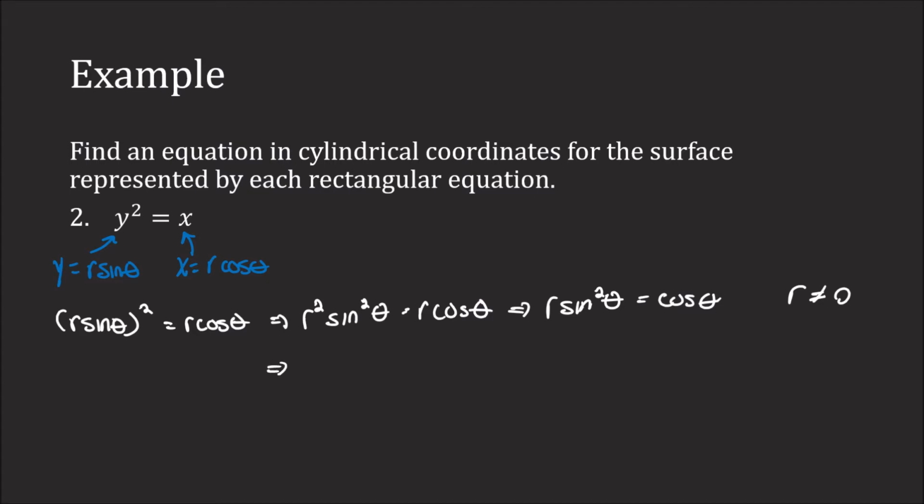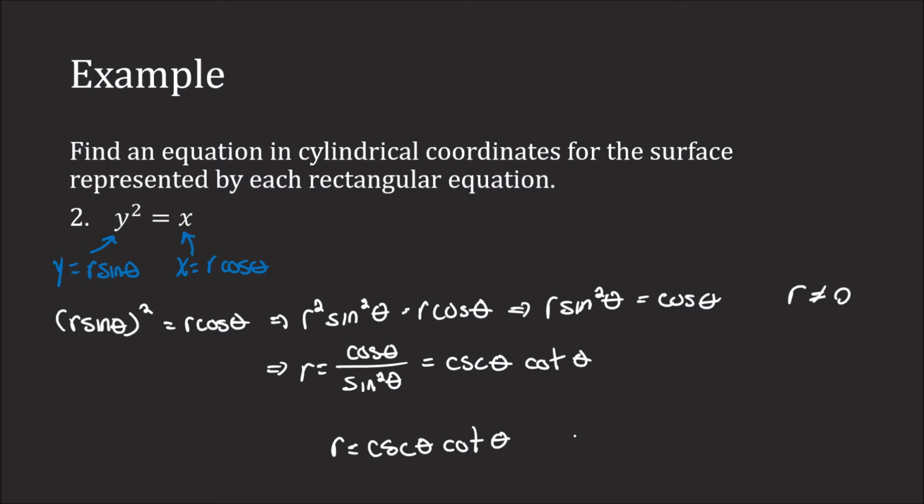So this implies that r is cosine of theta over sine squared of theta, which is equal to cosecant theta times cotangent theta. And so our equation is r is equal to cosecant of theta, cotangent of theta, as long as r is not 0.